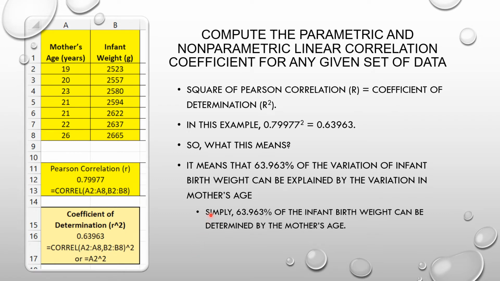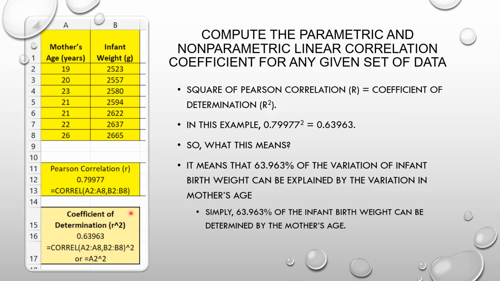To make it simple, it means that nearly 64% of the infant birth weight can be determined by the mother's age. The other 30% is something else. Okay, so this is what coefficient of determination means.